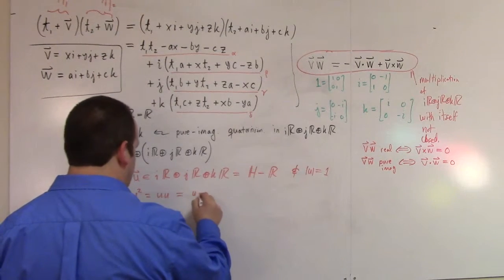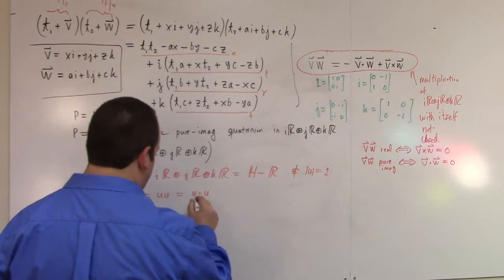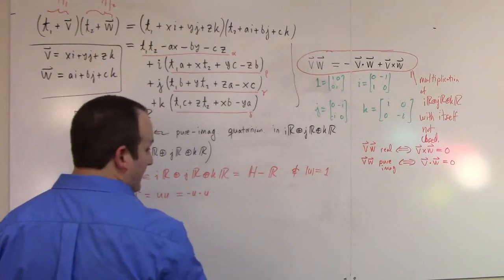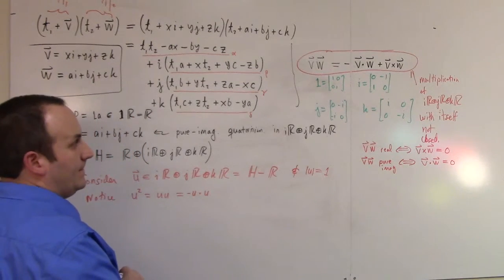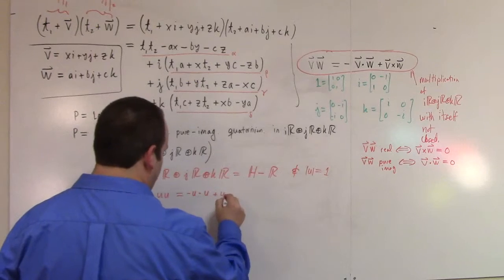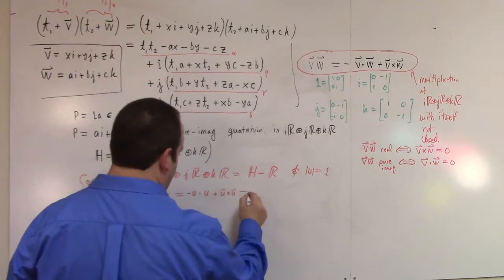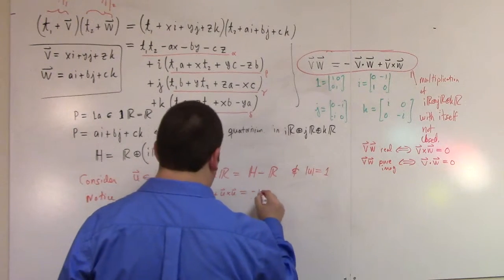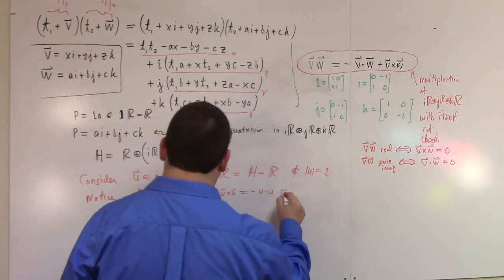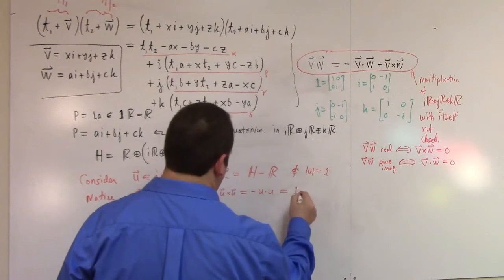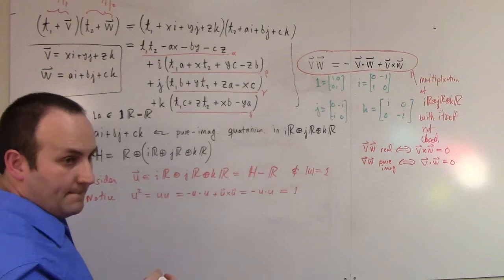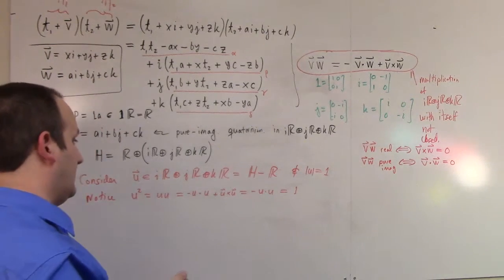It's U dot U, right? Plus U cross U, which is 0. Right. Which is minus. So if that's equal to 1, it's U dot U is minus.